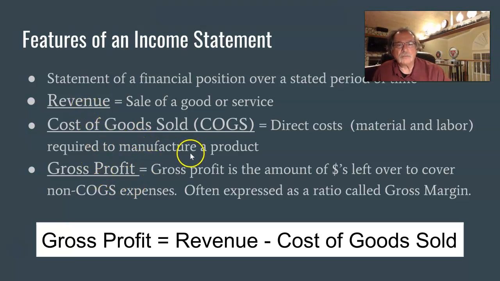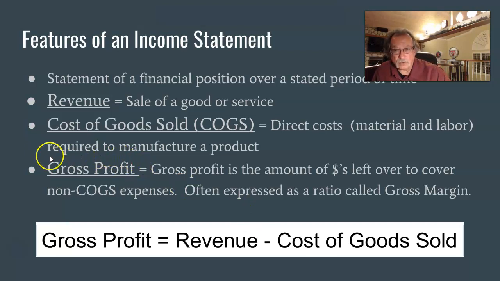That's your gross margin percentage. And basically it's saying what money you have left over to cover non-cost of goods sold expenses. And those things might be your legal expenses, your HR, your advertising and marketing. Those are not direct costs.